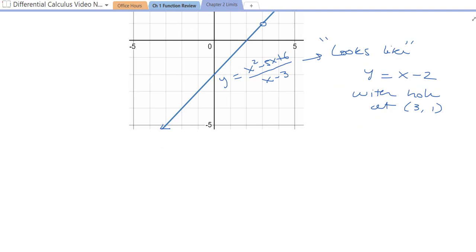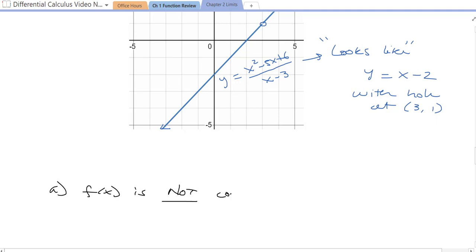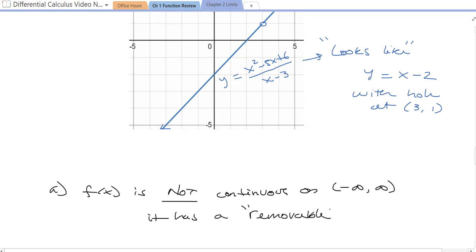So for part A, we can say f of x is not continuous on the entire real line, on minus infinity to infinity, because there's a hole in the graph. So we say it has a removable discontinuity.